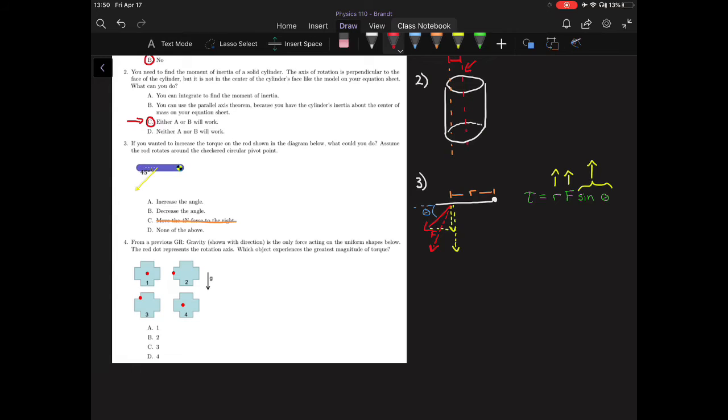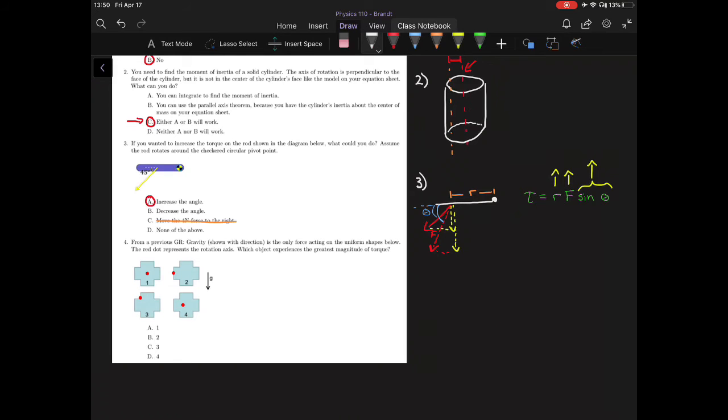That means we need to increase our angle to increase that sine of theta. So theta here would have to be larger. So if we increase our angle, we will increase sine of theta.